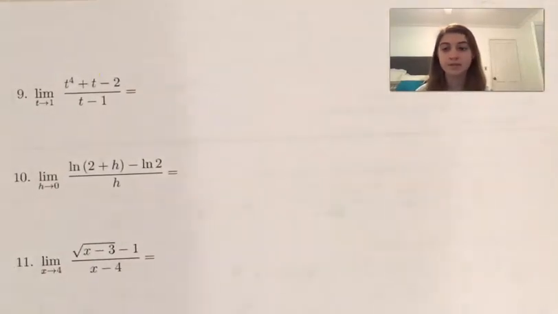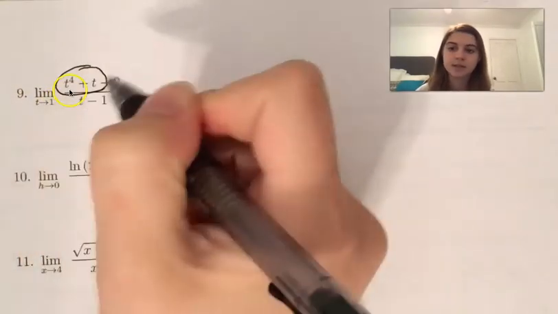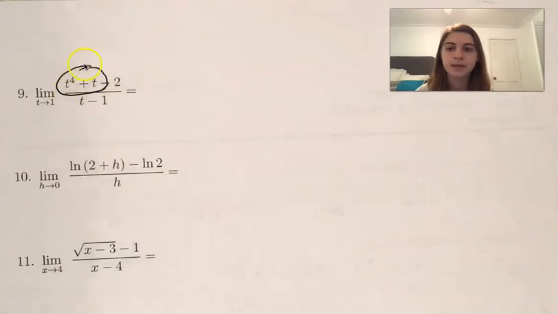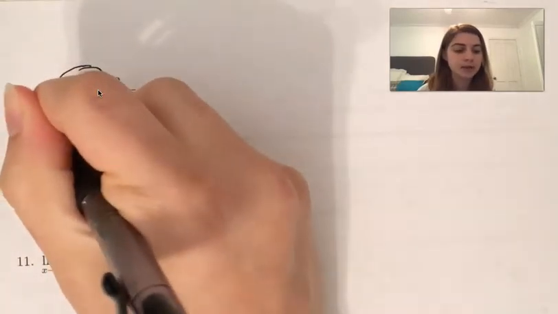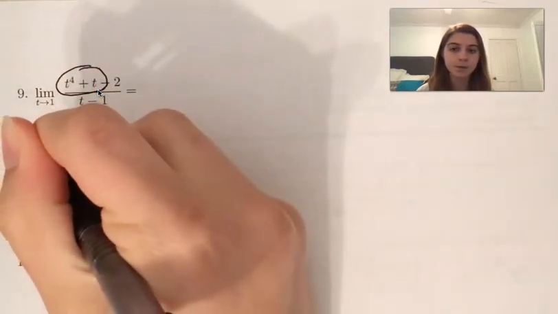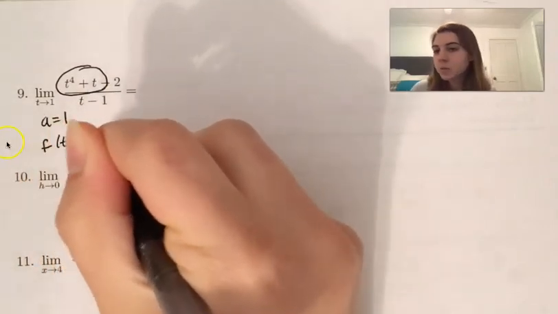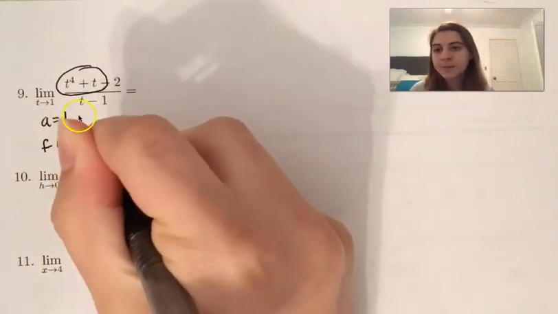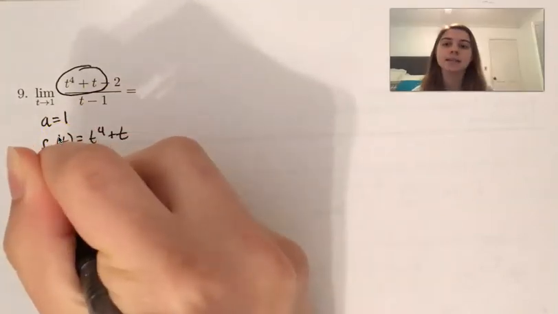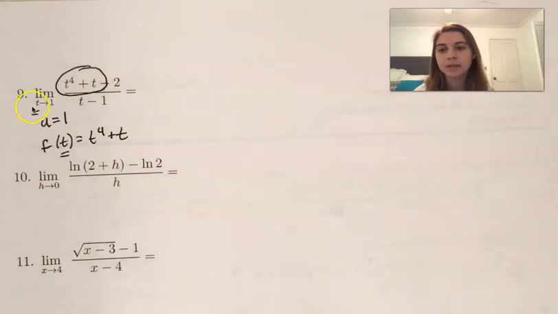Oh, this next one's fun. So notice here we have t to the 1st. So this whole thing is our f of x, t to the 4th plus t. This is a non-h way, but instead of x to the a, it's t to the a. Same thing. So a is 1, you see it here, see it here. F of t is t to the 4th plus t. We're looking at the t right there.